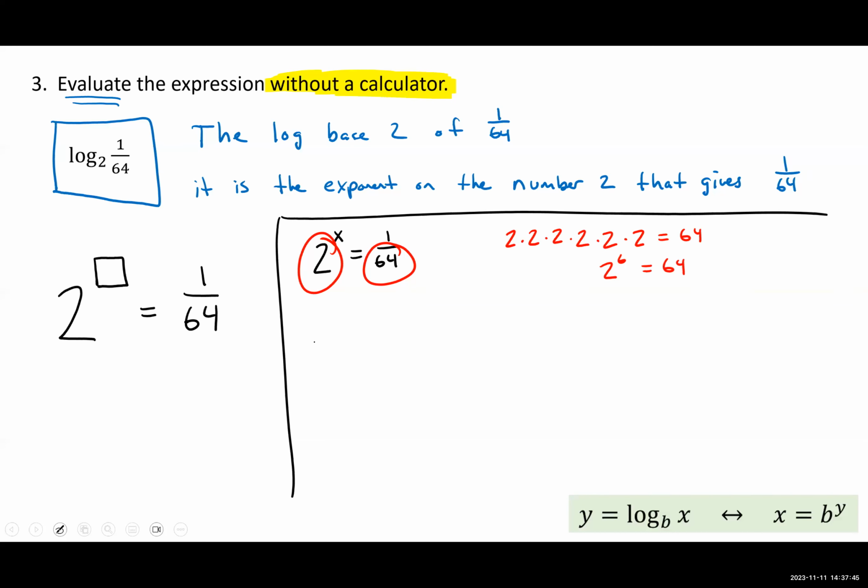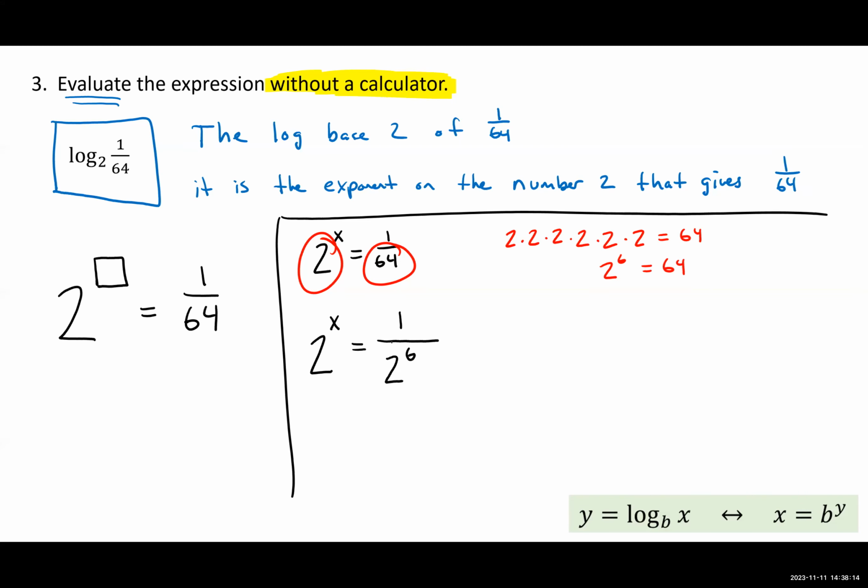So we've got 2 to the power of x is equal to 1 over, instead of 64, I'm going to write 2 to the power of 6. What I want to do is match up both sides of this equation so they're exponential expressions with the same base. 2 to the power of something on the left, 2 to the power of something on the right.